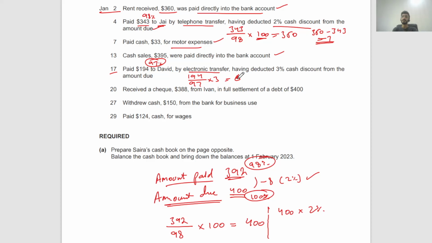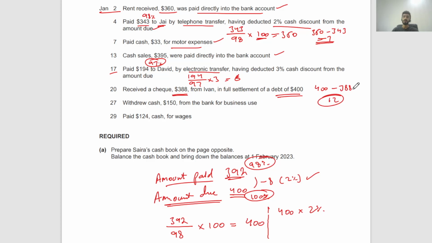Received a check 388 from Ivan in full settlement of a debt of 400. So this is a different way to trick you. In this case, they're not giving you any percentage, and actually that's an easier way to trick you, really. This is what was received, and that was due, right? The debt was $400, and that's what we received. It means the difference was discount. 400 minus 388, which is $12, is discount allowed in this case.